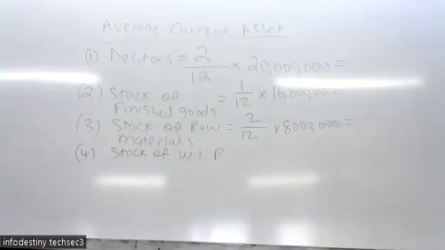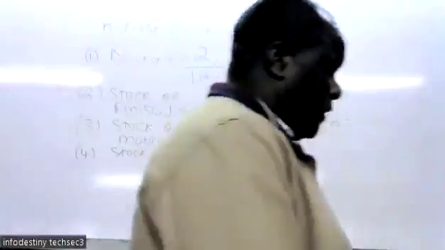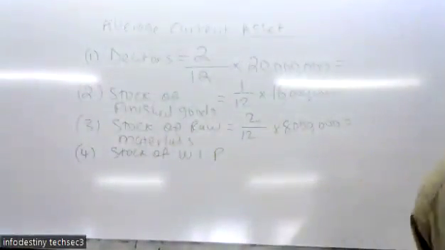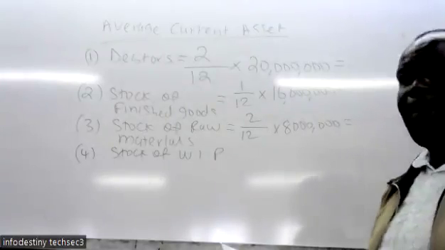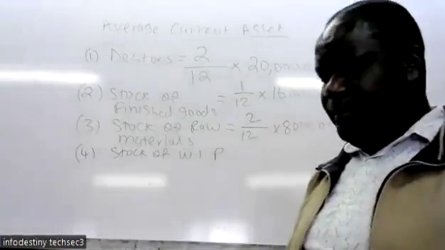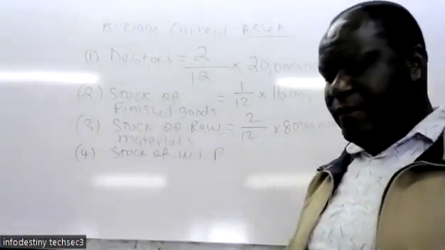I want you to check note number 2. Note 2 says that work in progress is 100% complete in regard to material, 60% for labor and overheads.